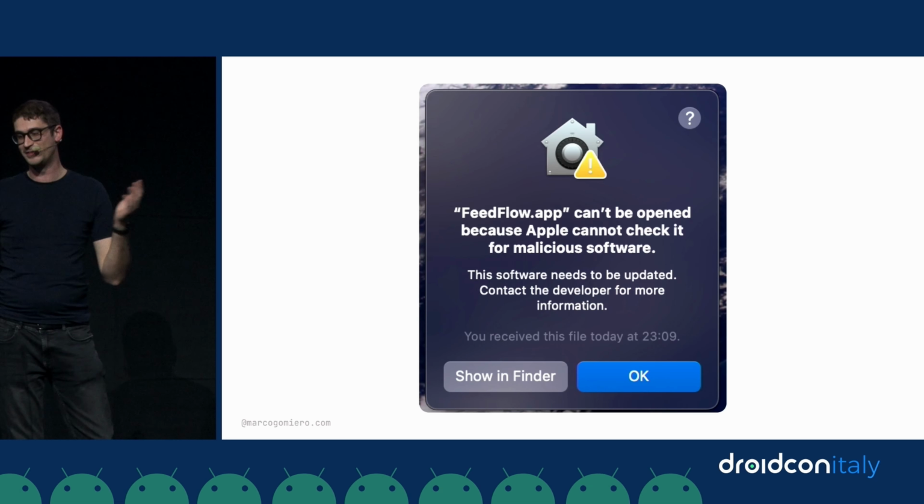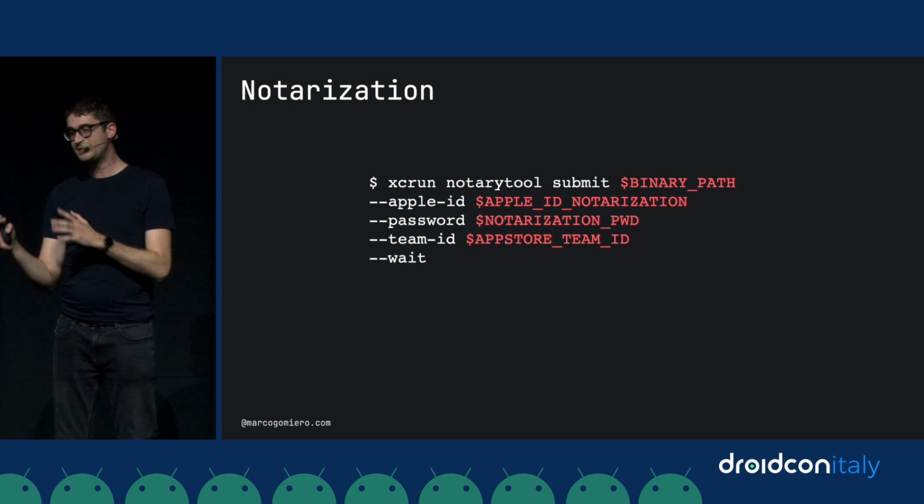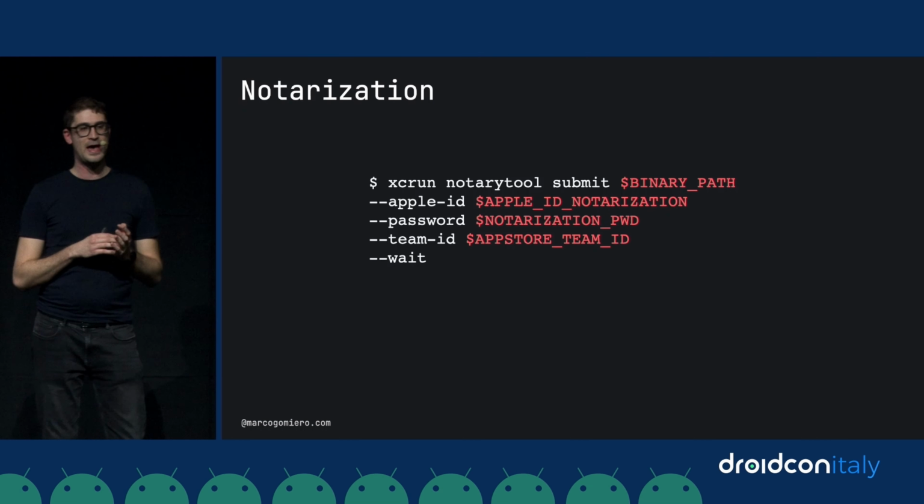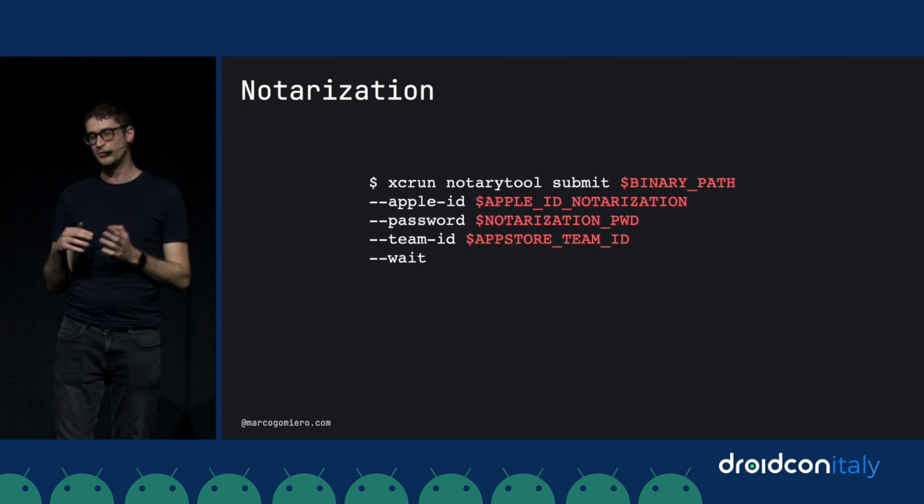Okay, so what is this notarization step? In order to do that, you have to call Apple with a CLI, the notary tool, and submit your binary and pass to Apple your data. Then this thing is going to take some time. Apple says in the documentation that it can take up to an hour.